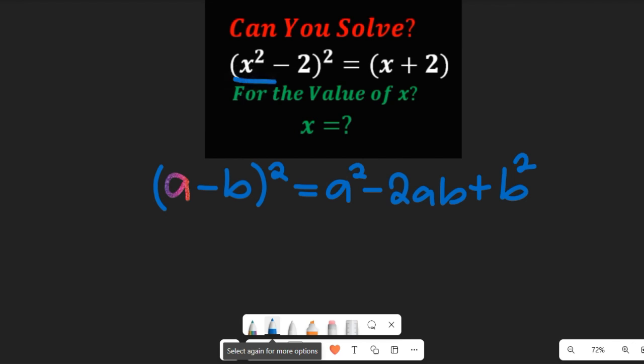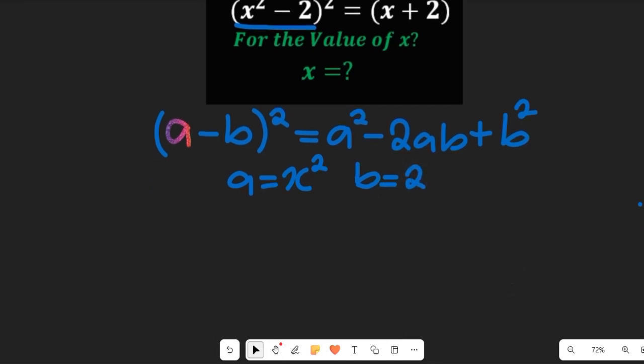Now, comparing it with this, our a can be equal to x squared, right? And our b will be equal to 2. Now, let's compare it to that expression and see how we can expand that.